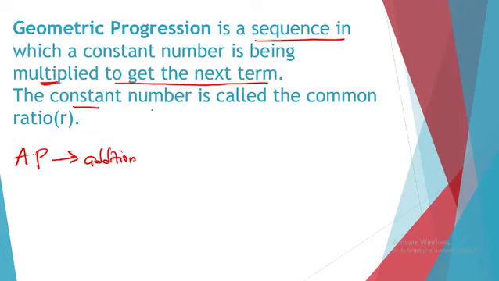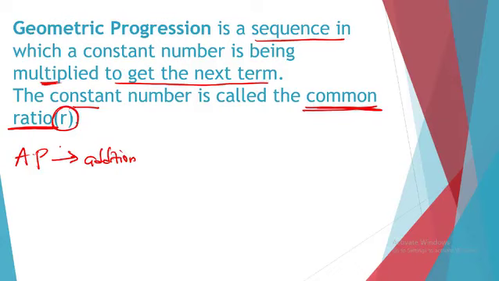And the constant number is what we call common ratio. Under the arithmetic progression, we call it common what? Difference. But in geometric progression, we call it what? Common ratio. And we use small letter r to denote it.